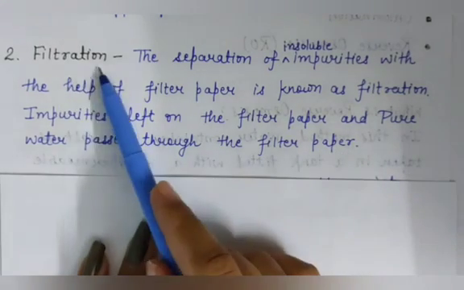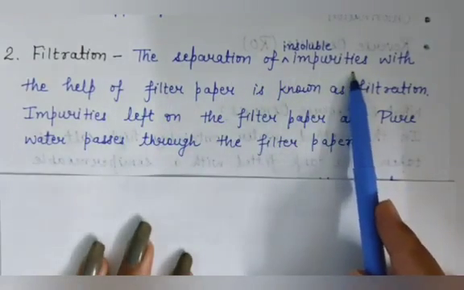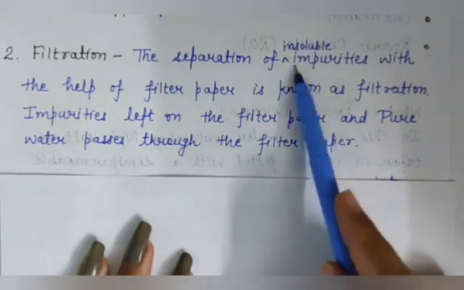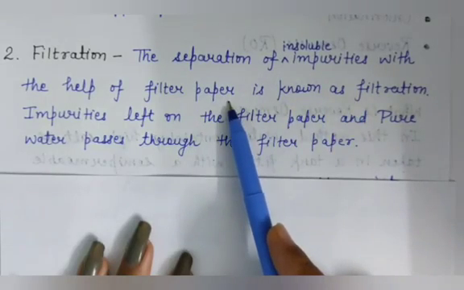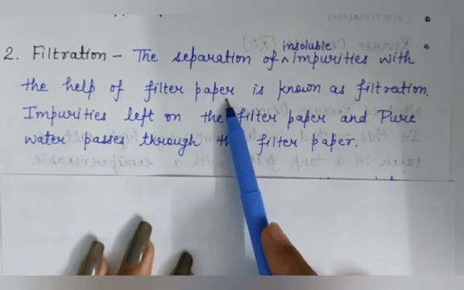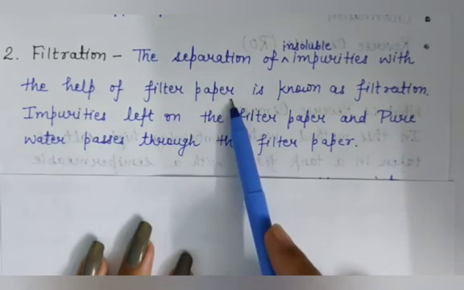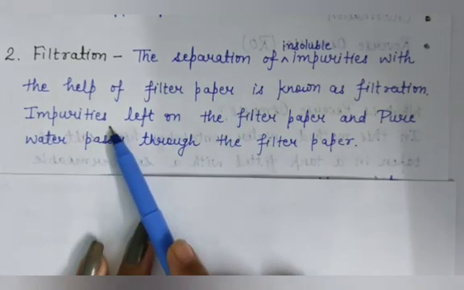It means, what is filtration? Separation of insoluble impurities. And for separating the insoluble impurities, we use a filter paper. A filter paper is a kind of paper which allows only pure water to pass through it. It will not allow the impurities to pass through it.